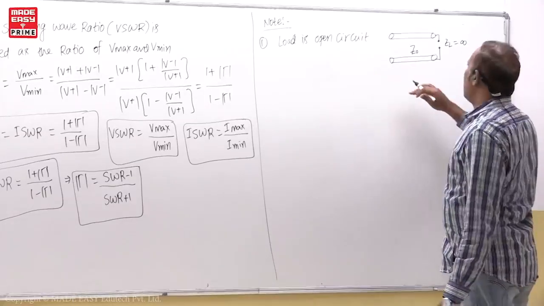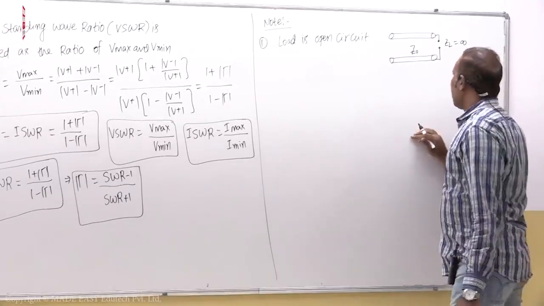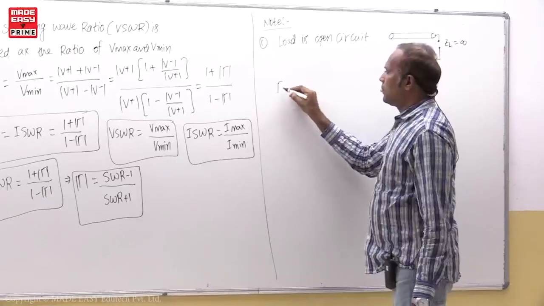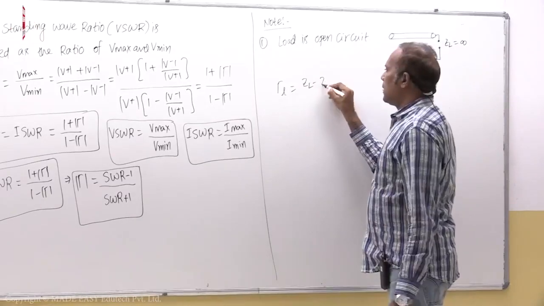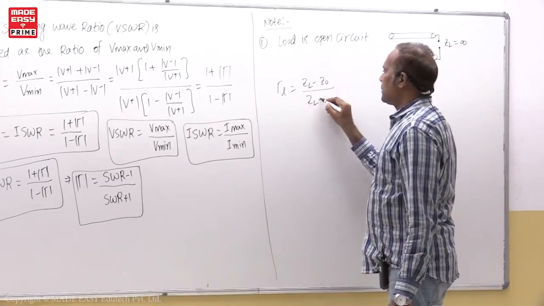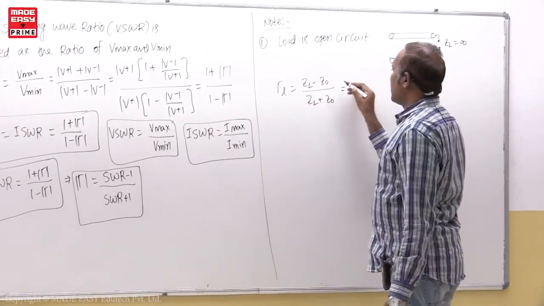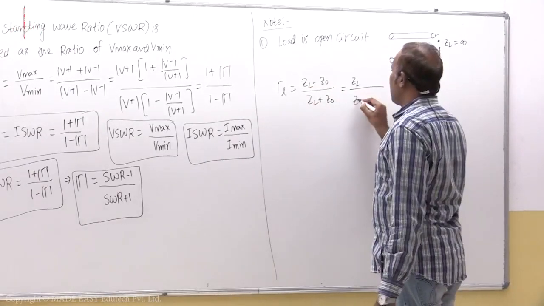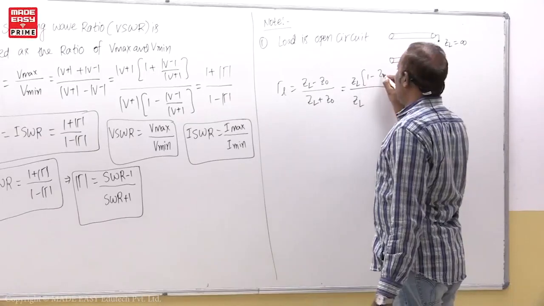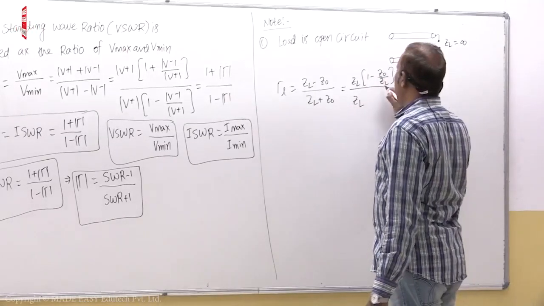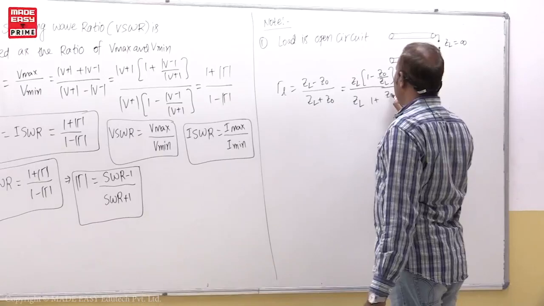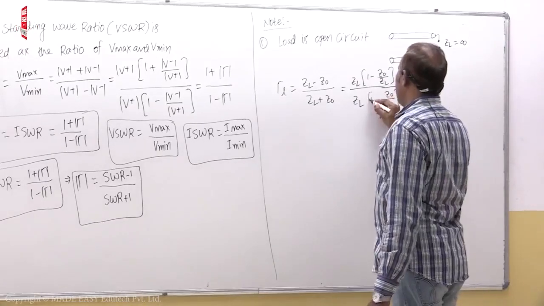So the load is open circuit, then ZL is infinity, so gamma L is equal to (ZL minus Z0) divided by (ZL plus Z0). So infinity by infinity is not defined. That is why you pull ZL common: 1 minus Z0 by ZL divided by 1 plus Z0 by ZL.